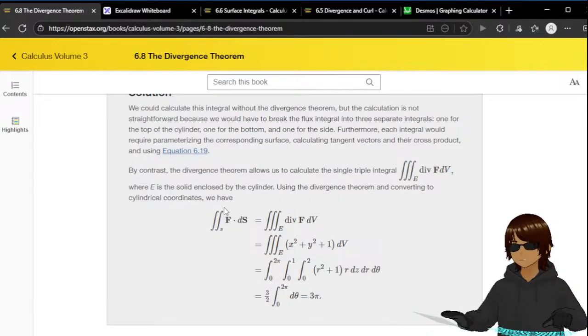They're converting it to cylindrical coordinates. Why is there an r over here though? r squared plus 1 times r dz dr d theta.